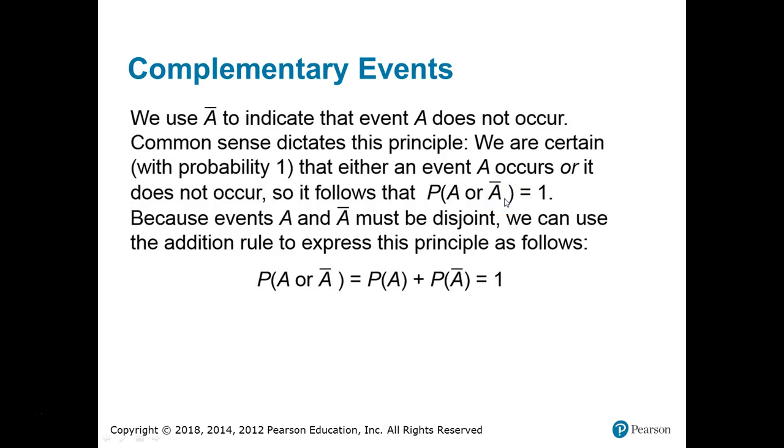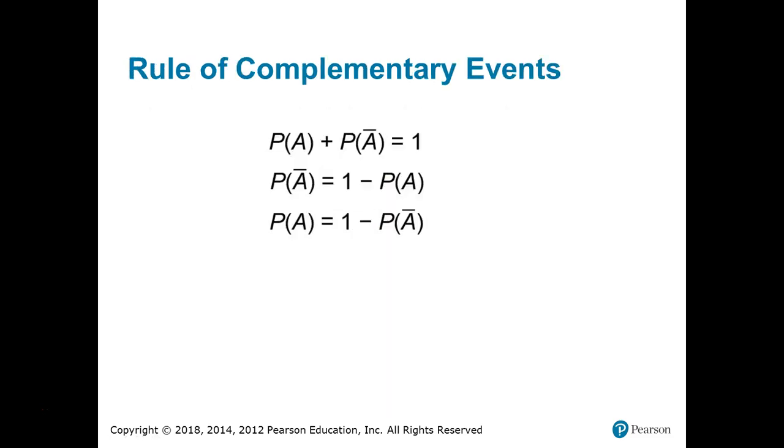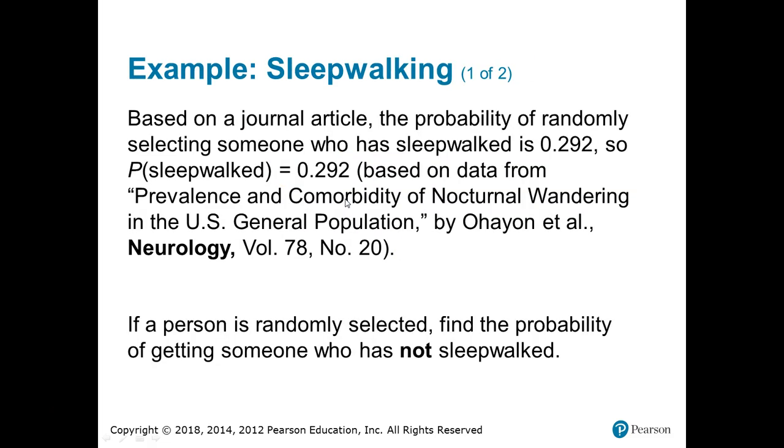So because they are disjoint, we can use the addition rule to express this principle. So the probability of event A occurring plus the probability of A not occurring equals 1, because it has to either occur or not occur. So then just some simple algebra can show you different ways of writing this equation just by moving things over. Subtract out the probability of A from here, or probability of complement of A here gives you these two equations respectively.